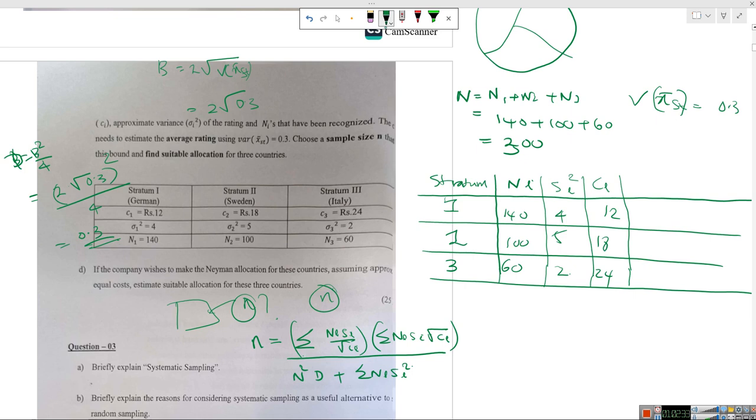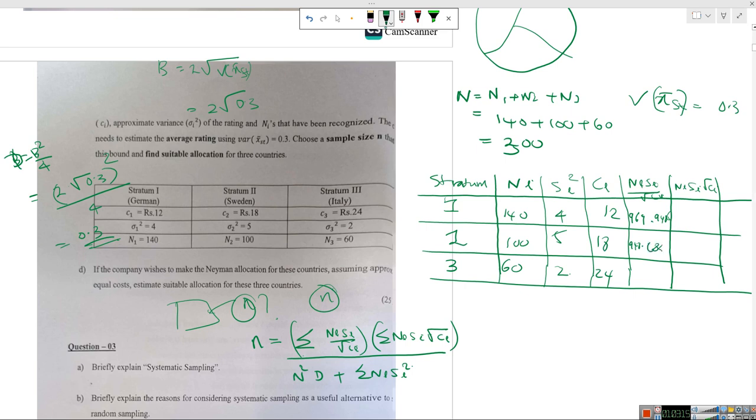Now I am going to extend this table, inserting 2 more columns. This is for NiSi divided by square root of Ci, and here NiSi times square root of Ci. Now if you calculate this, it becomes 969.9485, and this becomes 948.6833.